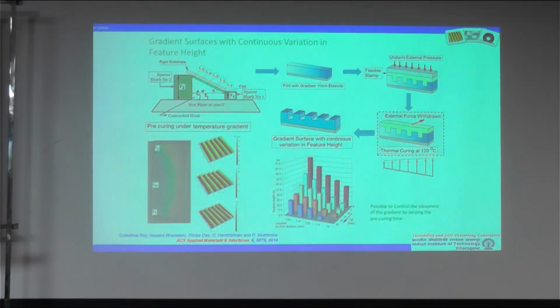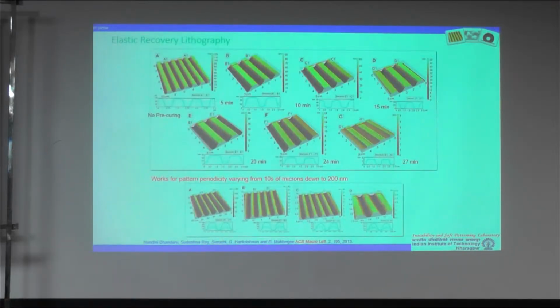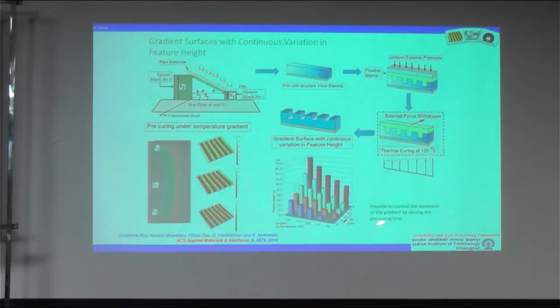So now, unlike different films exhibiting different levels of stress relaxation in the previous example, what will happen here is different parts of the same film will exhibit different levels of stress relaxation. And this part, which is more elastic because it has received more heat, will exhibit a higher level of stress relaxation as compared to this part.